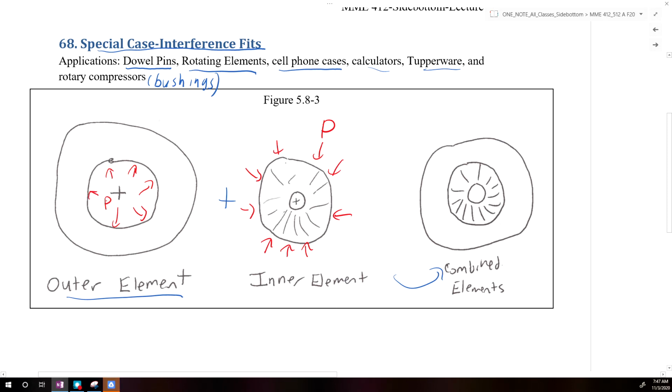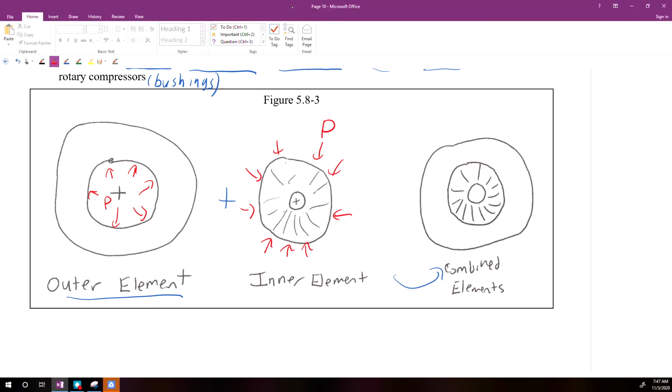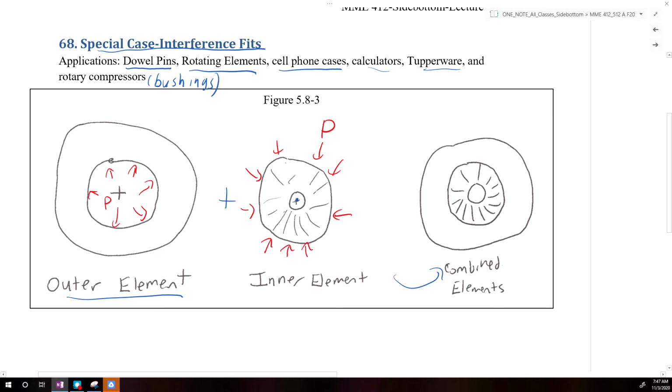Then we're going to denote a couple of additional geometry terms. The inner radius of the outer element, we're going to denote with a lowercase b o. The outer radius we're going to denote with a lowercase letter c.